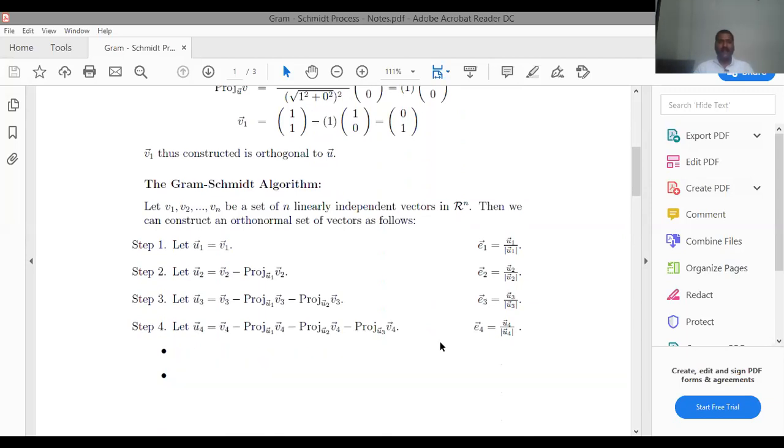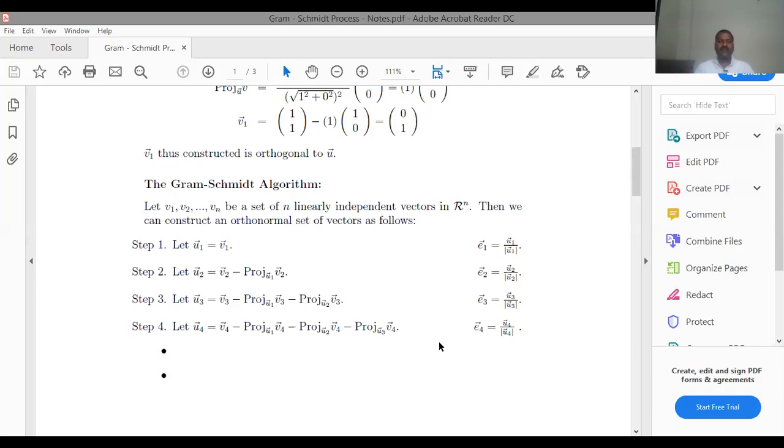Okay. So the core logic is we just project those linearly independent vectors onto the space spanned by orthogonal vectors. Suppose u1, u2, u3 and so on, un are n linearly independent vectors. We want to convert them into v1, v2, v3 and so on, vn, which are orthogonal vectors. So the process is how to convert these linearly independent vectors into a set of orthogonal vectors.